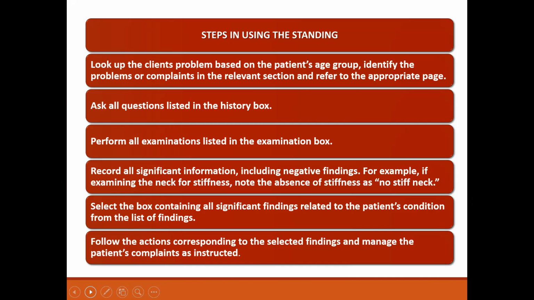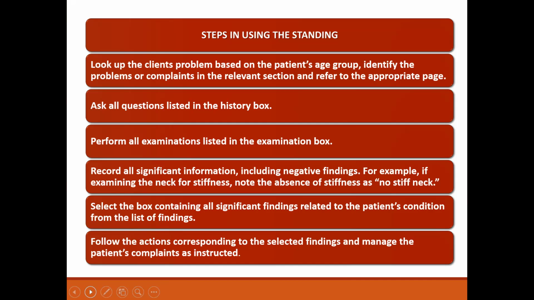It said, select the box containing all significant findings related to the patient's condition from the list of findings. Follow the actions corresponding to the selected findings and manage the patient's complaints as instructed, provided that the data you've gathered from history taking and physical examination aligns with the suggested findings and clinical judgment. You now use those actions.